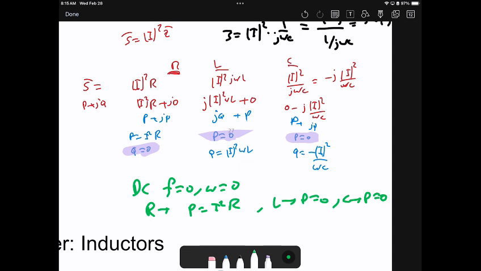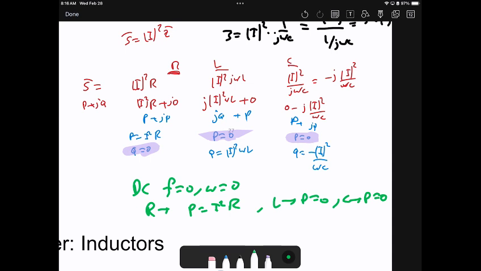They are consuming reactive power, while the resistors are consuming the real power. And resistors cannot consume reactive power. That's for the ideal model. For the practical model, it will be something different. I'm talking about the ideal.